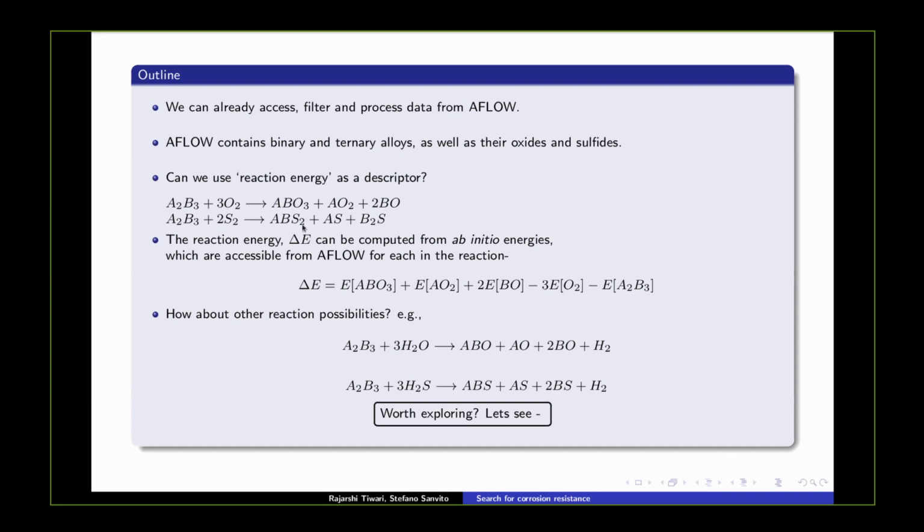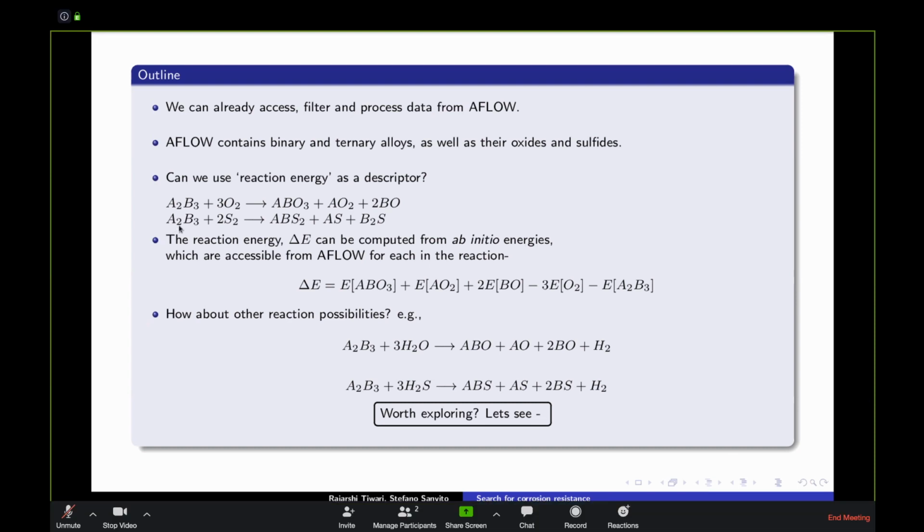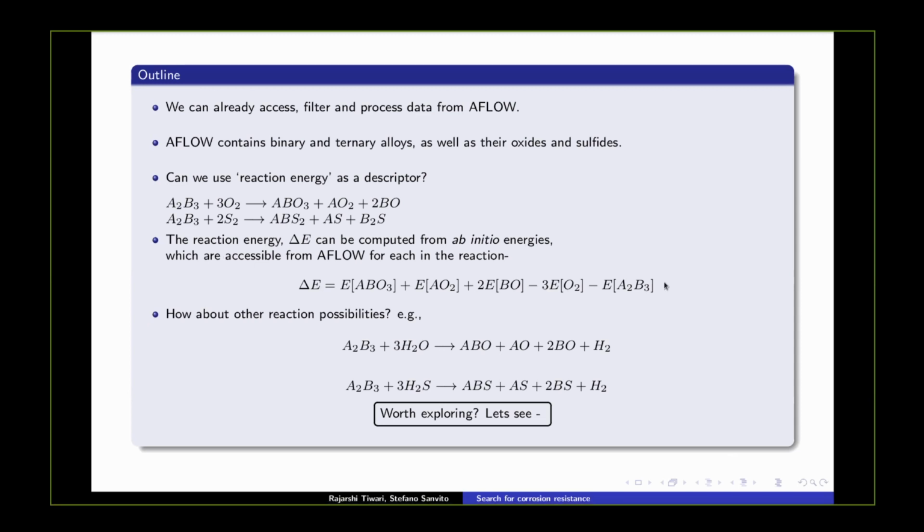If we combinatorially generate all the possible reactions, we can calculate a reaction energy, which is the energy of the products minus the energy of the reactants, as illustrated here.